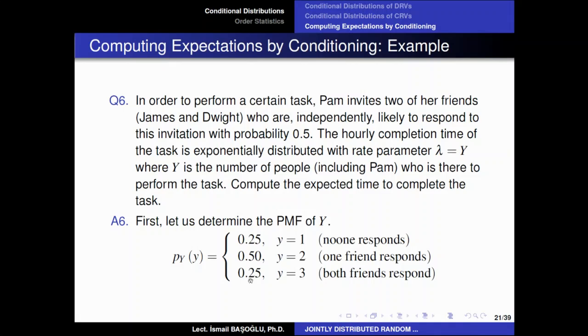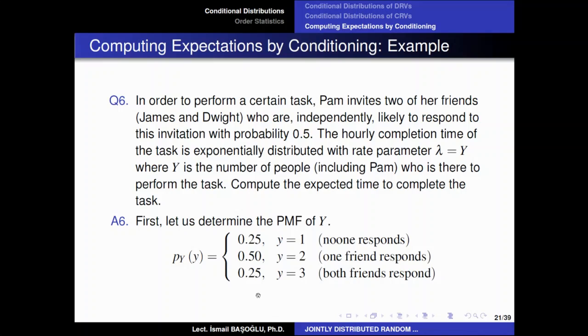And again, with 0.25 probability, James will participate with 0.5 probability, and independently, Dwight will participate with 0.5 probability. So 0.5 times 0.5, because it is said that these events are independent, whether James and Dwight will come or not.